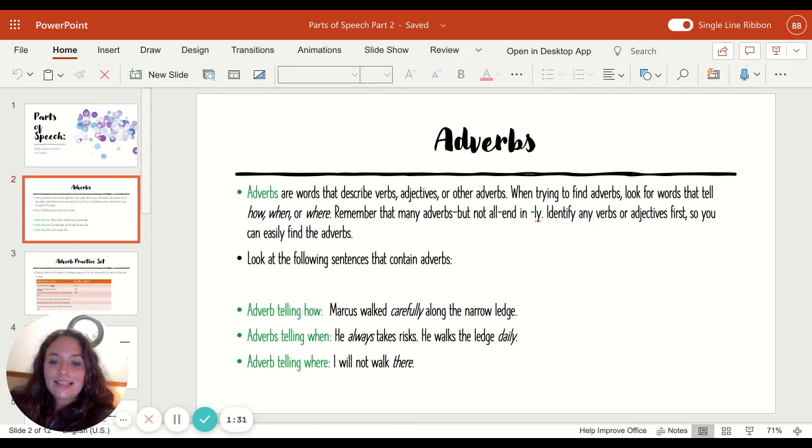So, when does he take risks? Always. He walks the ledge daily. When does he walk? Daily. Okay? And our adverb telling where: I will not walk there. Where will he not walk? Or she? There. Right? So it tells how, when, or where.